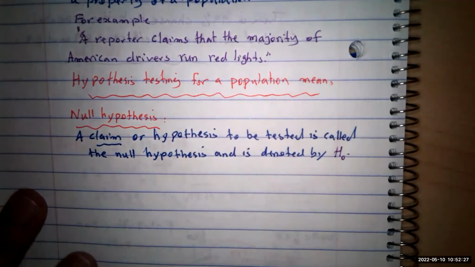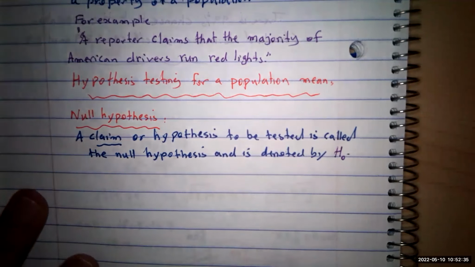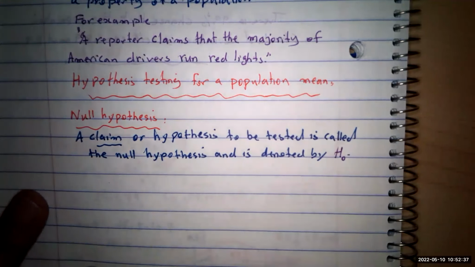So we write it down, H0: mu is equal to 50, or mu is bigger than 50, or less than 50. That's a null hypothesis. Any question? So that's the claim.